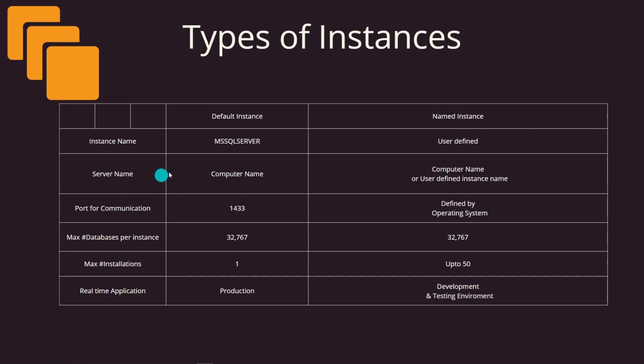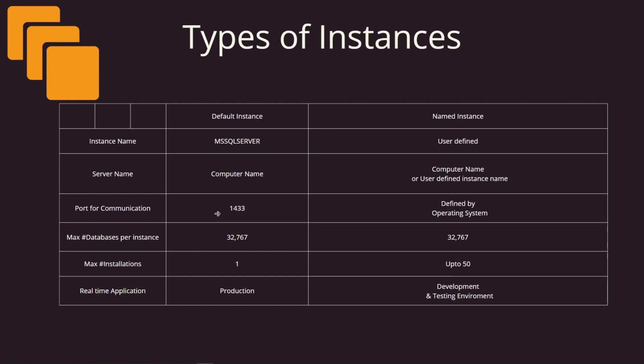The server name in case of default instance is the computer name, and in case of the named instance, it's either the computer name or the user defined. Now, port for communication for the default instance is 1433, and for the named, it's defined by the operating system. The maximum number of databases per instance is the same for both.